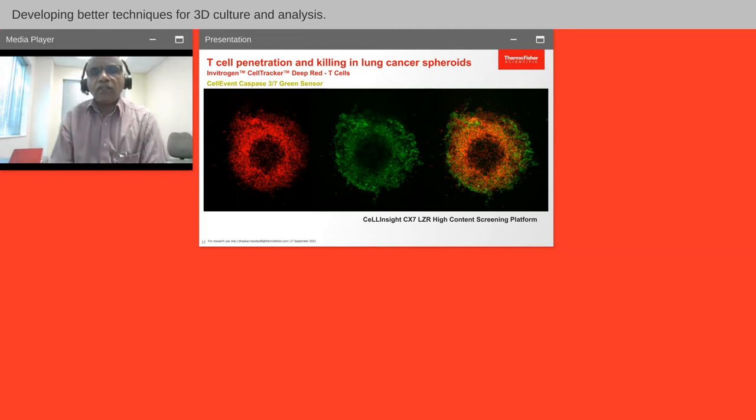Because these are stained separately, the staining is for 30 minutes with the CellTracker Deep Red reagent, while in spheroids we stain after the T cell penetration, and for 24 hours we stain it with caspase 3/7 green reagent for about 30 minutes.